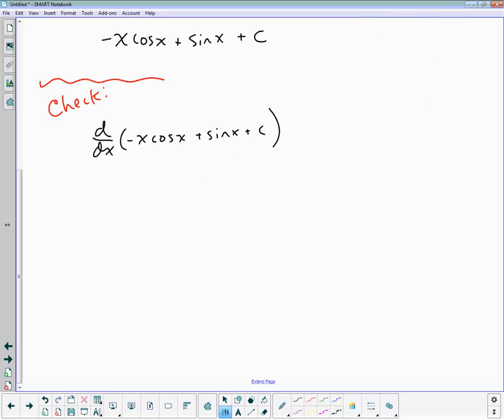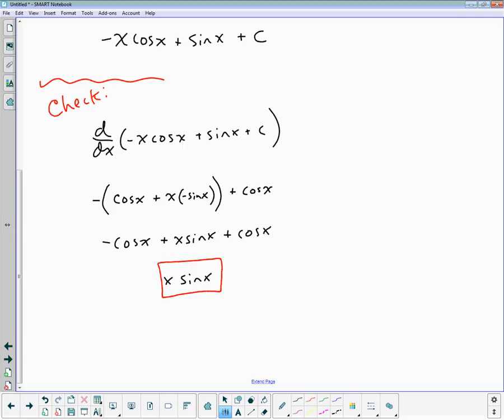So I have to use the product rule. And so it does work. All right.